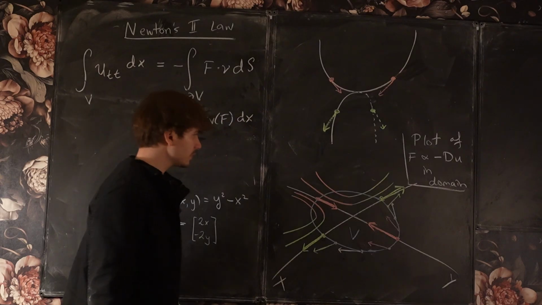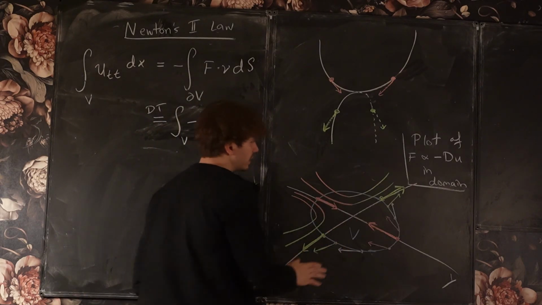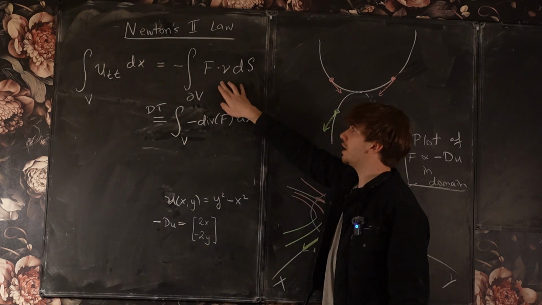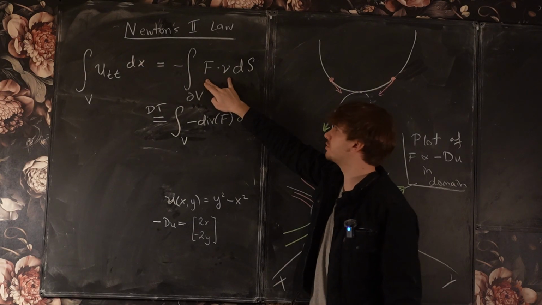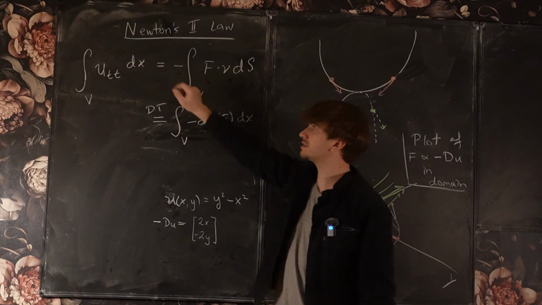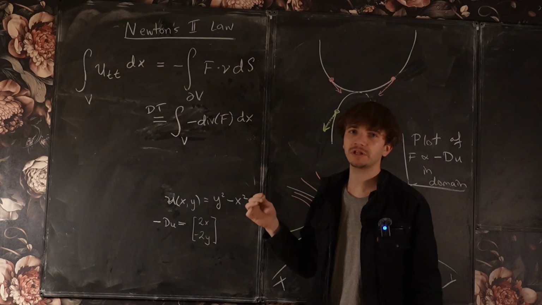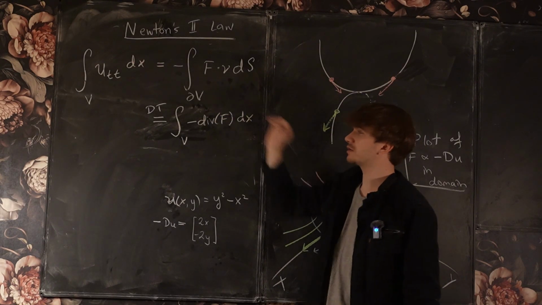Okay, and so when we look at this integral here, this integral over the boundary of V of the projection of this force field onto the outward unit normal vector with a minus sign. Without this minus sign, this is the net outward flux across the boundary of V of the force vector field.